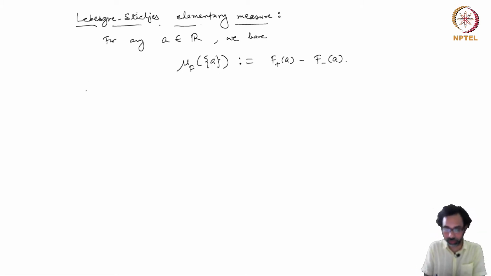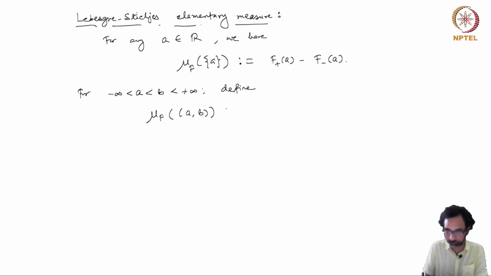Now using this we can define, for finite numbers a and b, the measure of the open interval (a, b). Because it is an open interval, we would like to approach a from the right and approach b from the left.